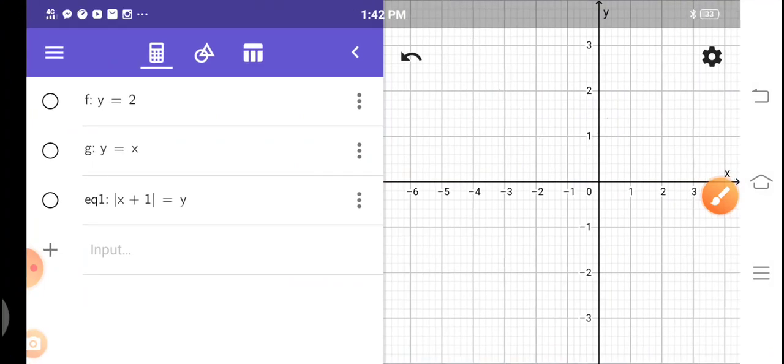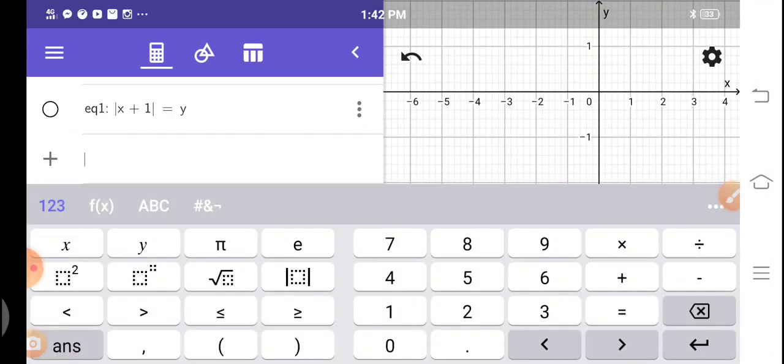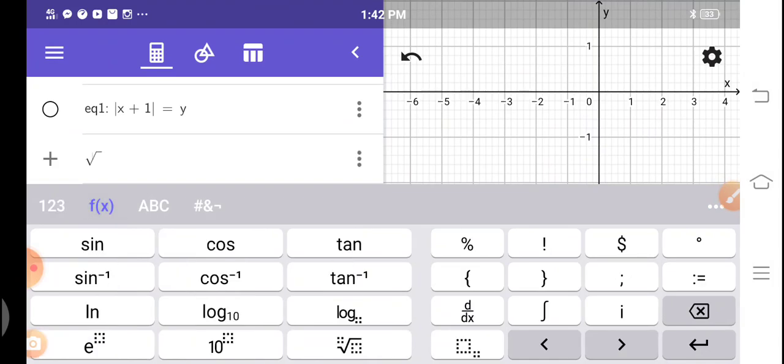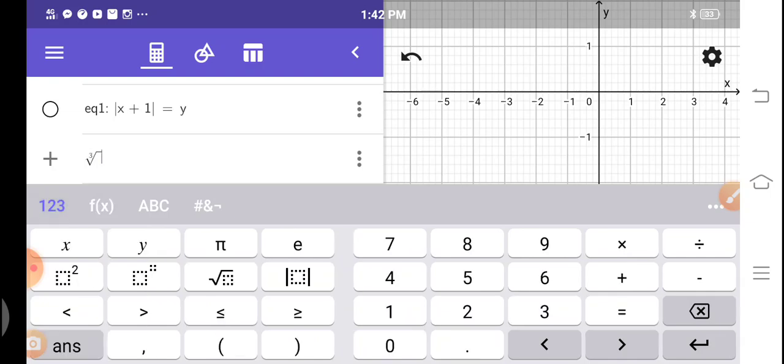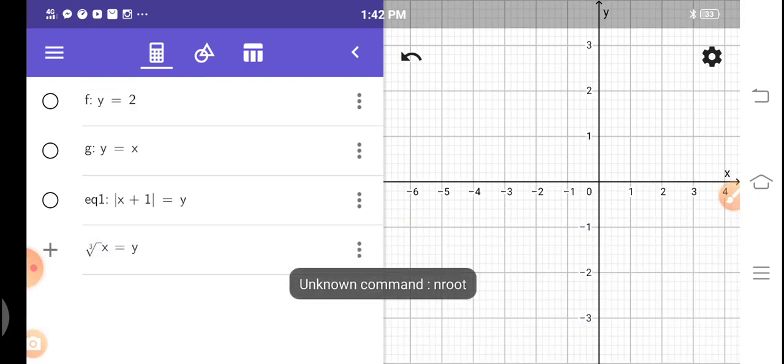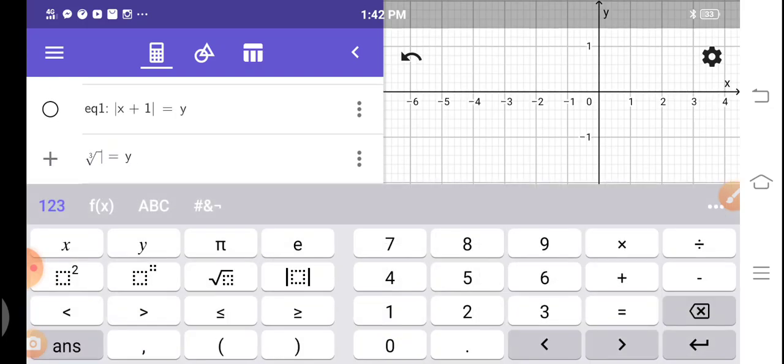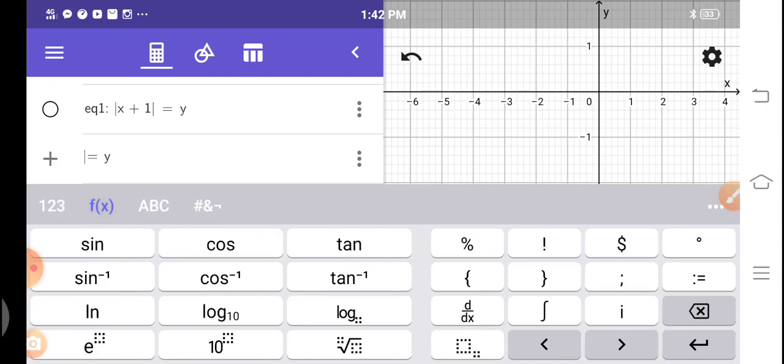So for example, for the cube root function, let's say we have cube root of x is equal to y. Unknown command. Cube root.